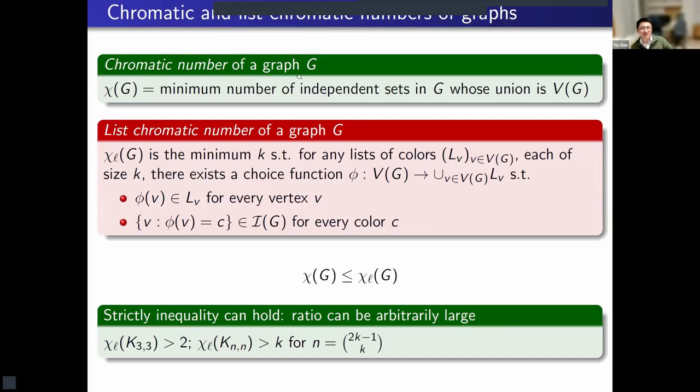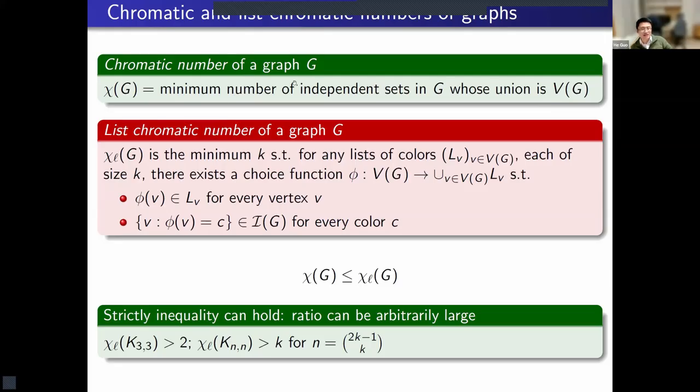Recall that if you have a graph G, then the chromatic number of G is the minimum number of independent sets such that the union of those independent sets is equal to the vertex set of G. Equivalently, it is the minimum number of colors you need to color the vertices of G such that any two vertices receiving the same color are not adjacent to each other. So that's the chromatic number of graph G.